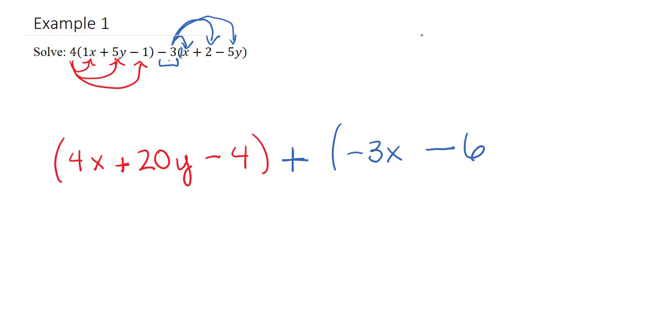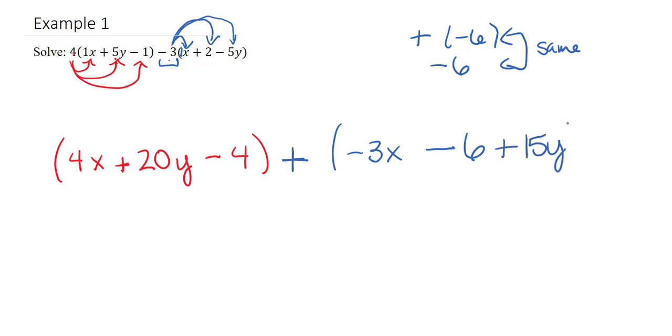These mean the same thing, so we're just going to go minus 6. Then we have negative 3 times negative 5y. We have two negatives, so that means it's going to be positive 15y. Then we can close the parentheses.